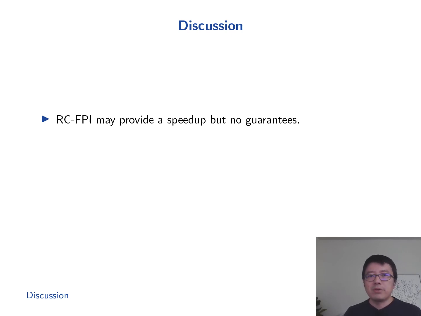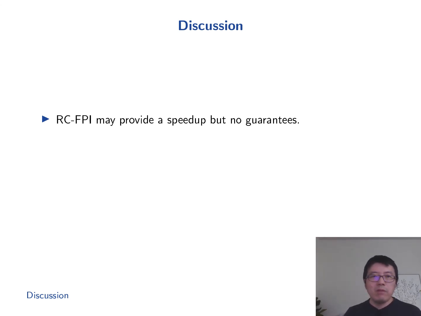When comparing RCFPI to FPI, it's useful to compare one iteration of FPI with one epoch of RCFPI, that is m iterations of RCFPI. Now, given coordinate friendly or extended coordinate friendly structure, one epoch of RCFPI and one iteration of standard FPI have similar computational costs.